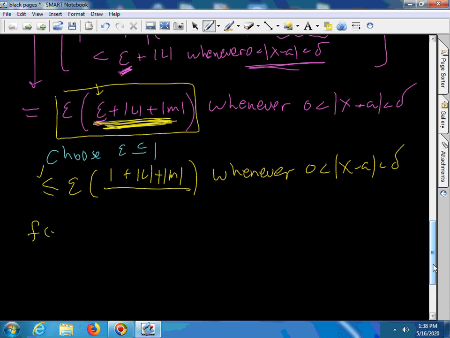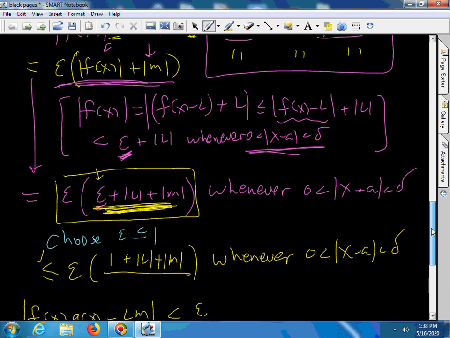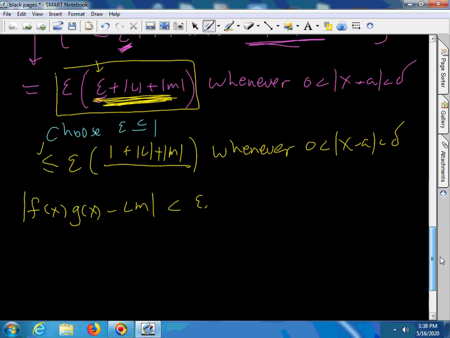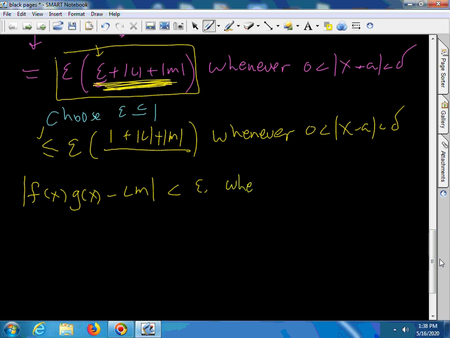We have that the absolute value of f of x times g of x minus LM is less than, because at some point we had less than, it's less than epsilon whenever this is true. Oops, epsilon over, no, need some more space.